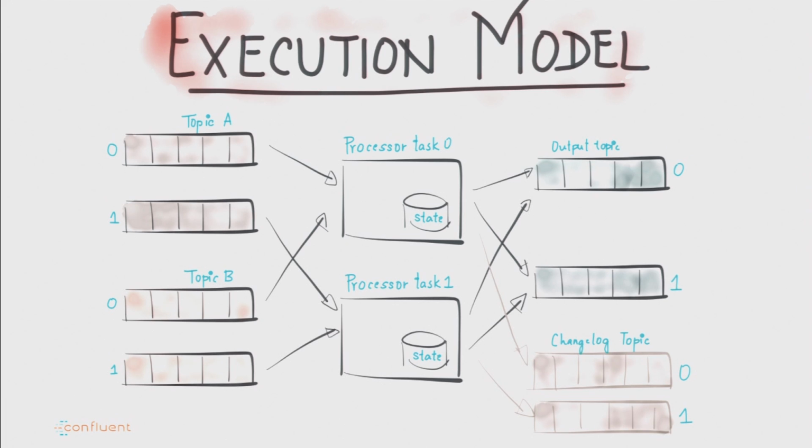But if you use local in-memory state, that doesn't really sound very safe. What are we going to do if something crashes and we need to bring up a process somewhere else? If one of them does crash, we handle that by using the same log structure to store a change log on that state. And so this ends up getting stored into Kafka as well. That change log is then highly available.